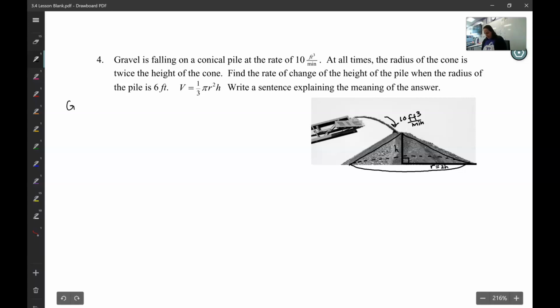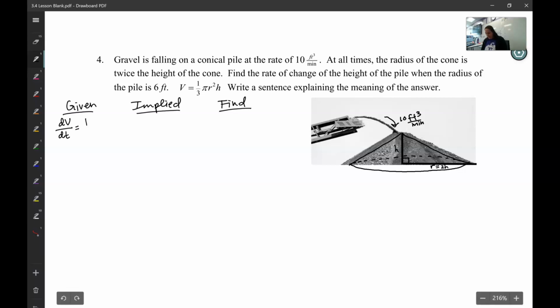So let's start with our given, implied, and find. So we are given that the pile is growing at 10 feet cubed per minute. That's going to be a growth in volume. That's the rate the volume is increasing.